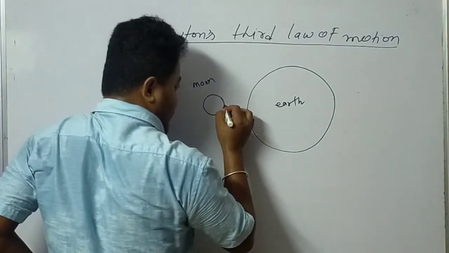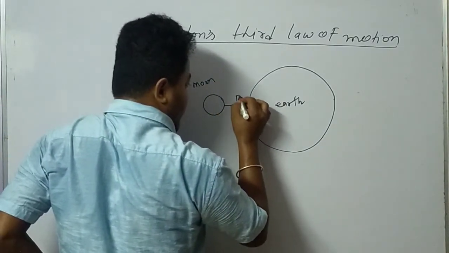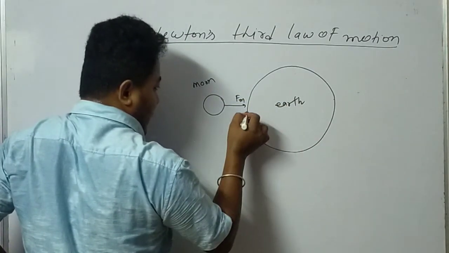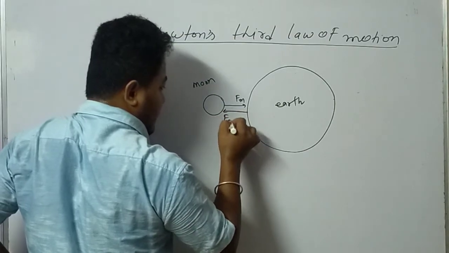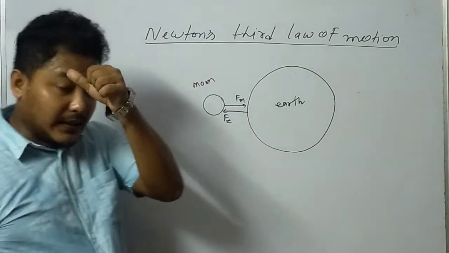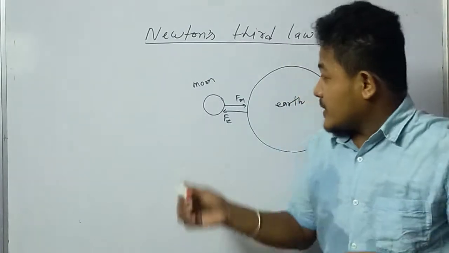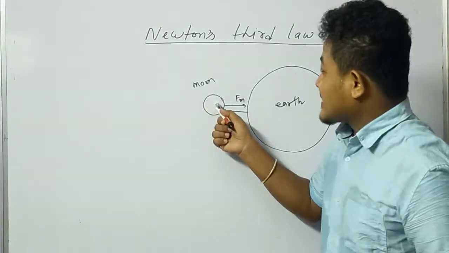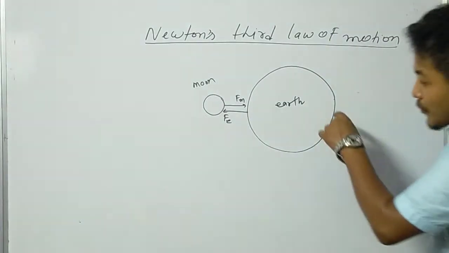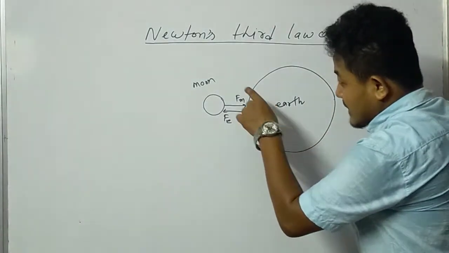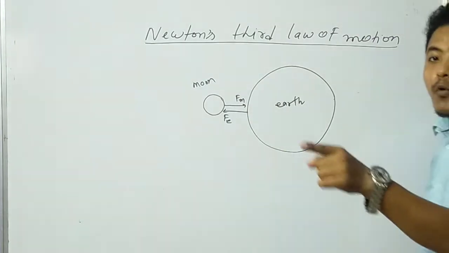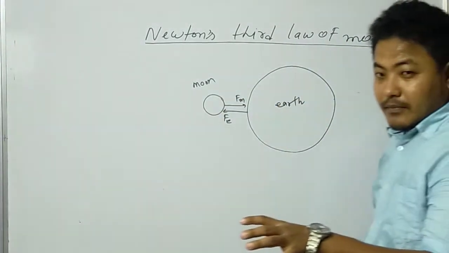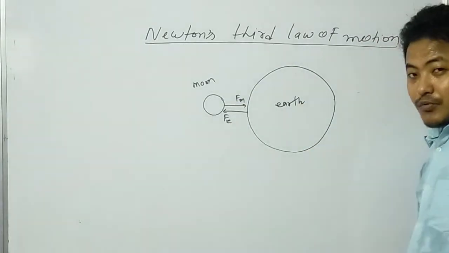The amount of force exerted by the moon is, suppose, Fm, and the amount of force exerted by the earth is Fe. Don't you think that in this case the force exerted by the earth is greater than the force exerted by the moon? No. The force exerted by the earth is equal to the force exerted by the moon. Magnitudes are the same, directions are opposite, that's true.